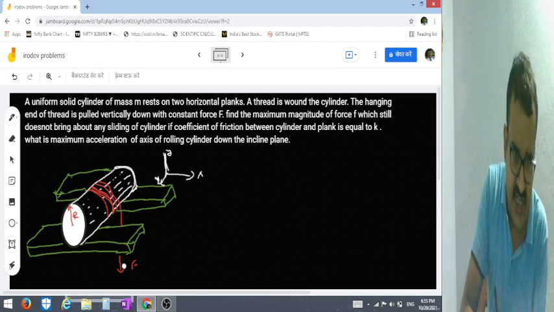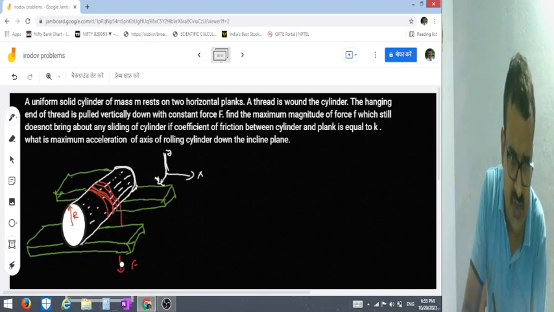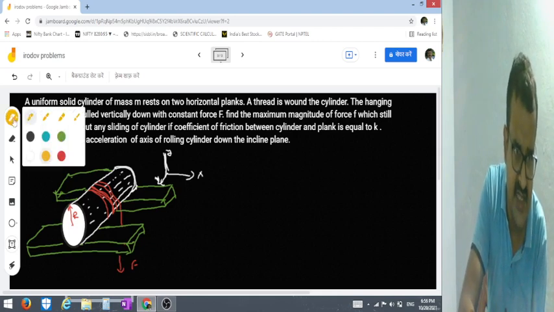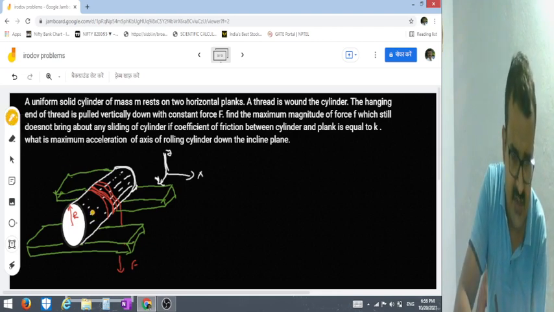Now you can see, as this force is pulling, how many forces are applied here, we will analyze first. You can observe that the weight of the cylinder will be acting downwards, that is mg.